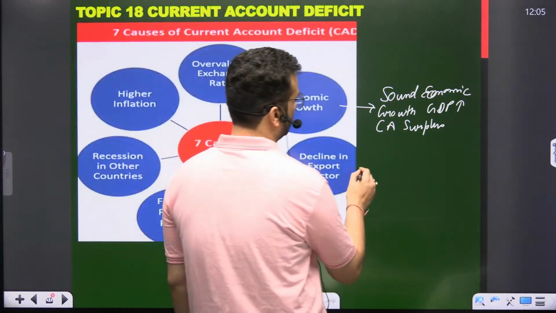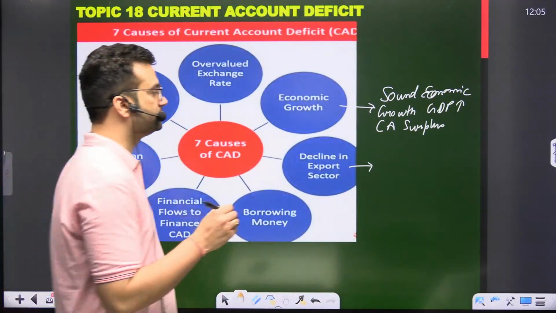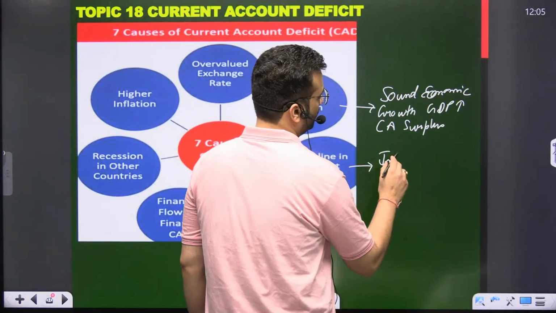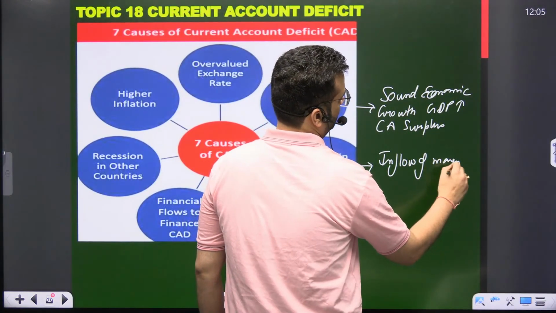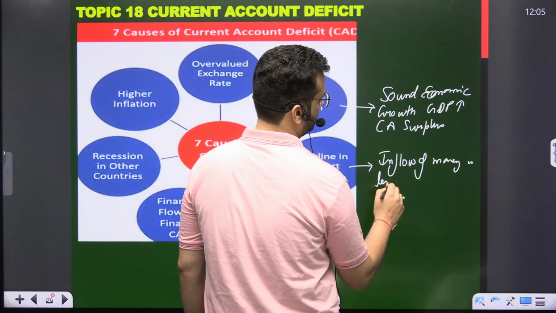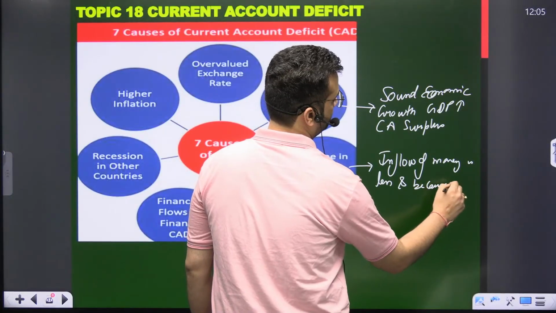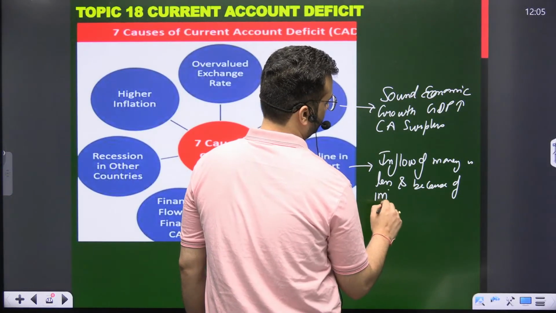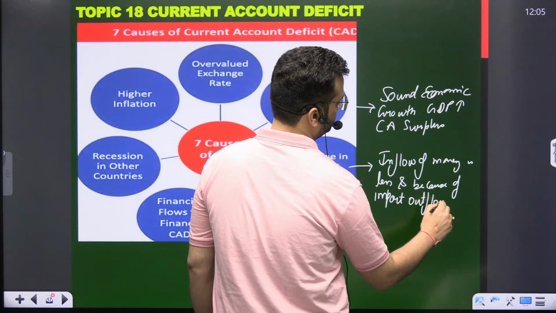Decline in export: if export is declining, that means inflow of money is less, and because of import, outflow of money is more.